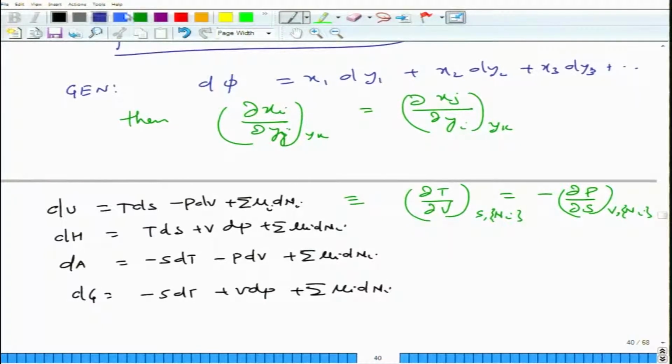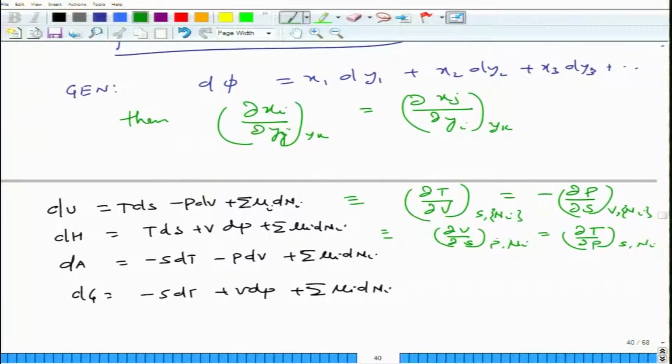So, I am going to write this as del V by del S, and del T by del P at constant S. Now you can also use inversion.